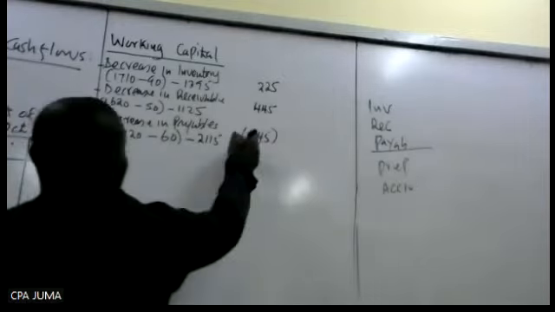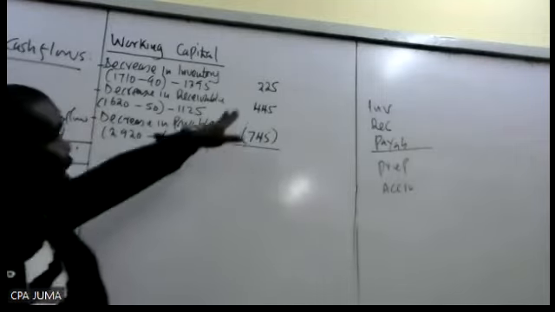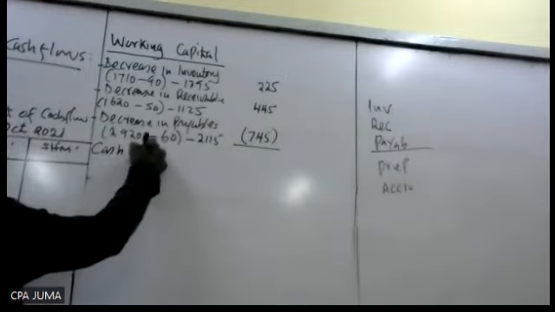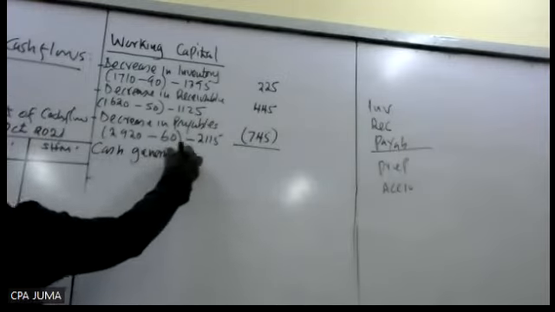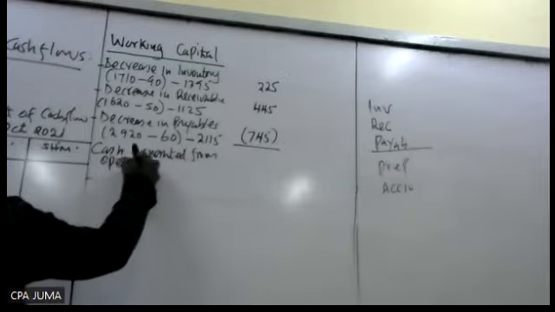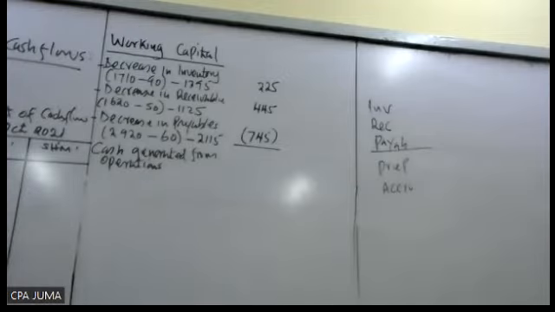So question, can you adjust from cash flow before working capital changes? Adjust these three, then you get what is called cash generated from operations.